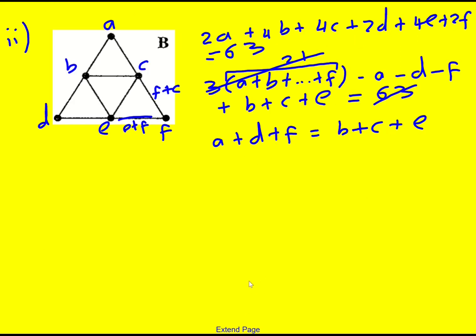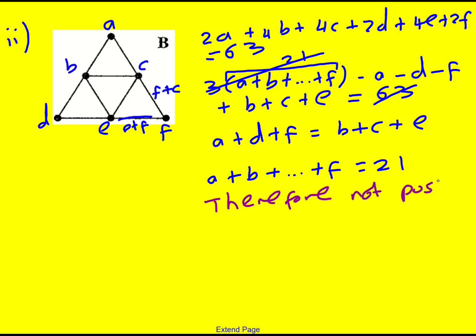But the problem with this is that A plus B up to F is equal to 21. And what this means is that this is not possible. If you're not quite happy why it's not possible, then consider this.